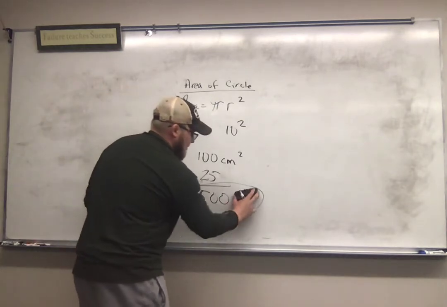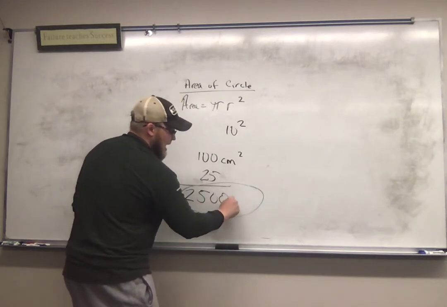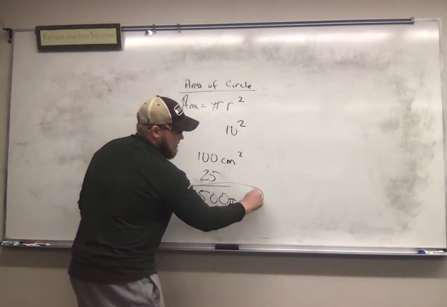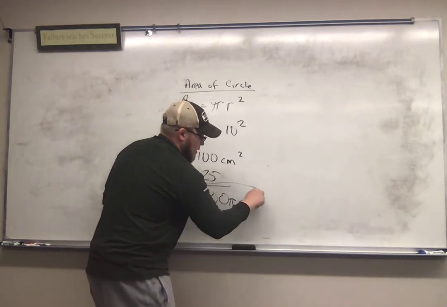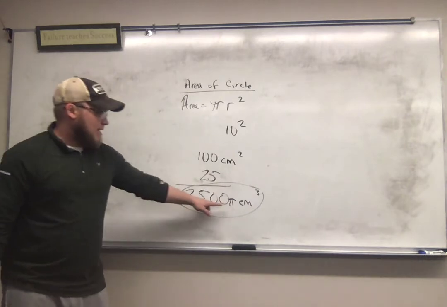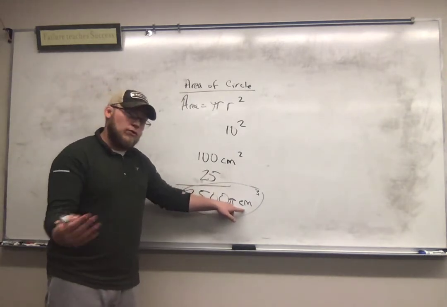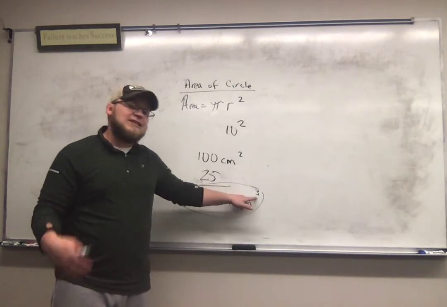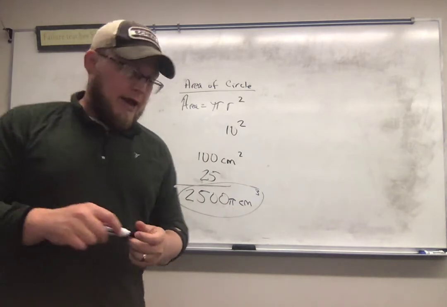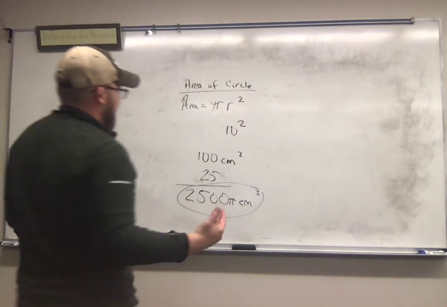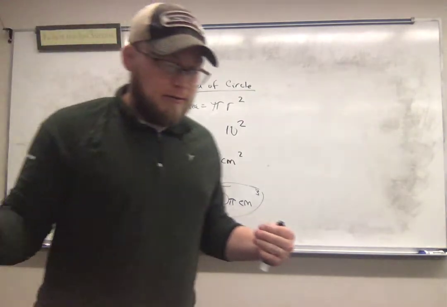So technically, I would write 2,500 pi centimeters cubed. Oh, geez, not squared. Cubed. That means we didn't times it by pi yet. The centimeters are the units, what measurement we're in, and then cubed shows you that it's volume as opposed to area. Okay? So again, you find that of the base and times it by the height.